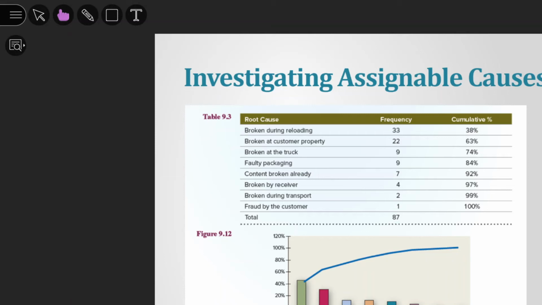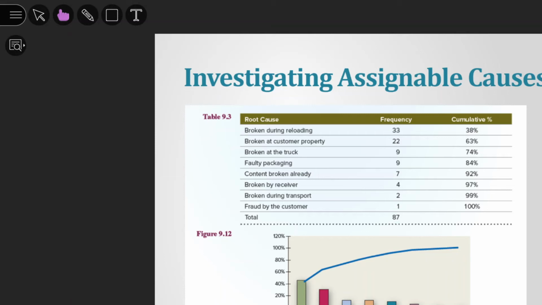It's a little bit not accurate. Then the next one is 22 occurrences, and the percentage of that is smaller. It is the difference between 63 and 38 because this shows cumulative percentage.